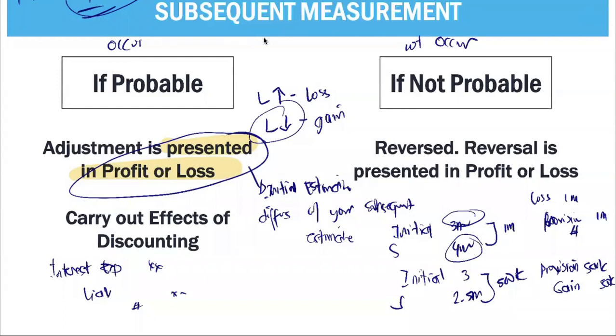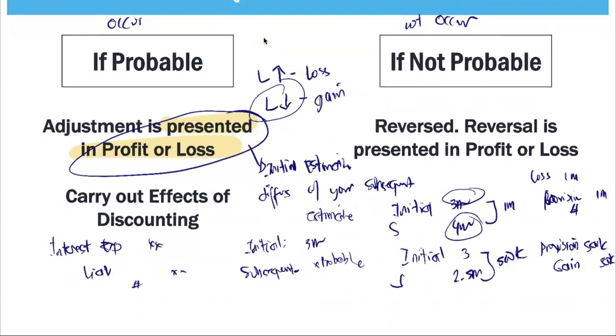So again, initially, let's say it is probable for 3 million pesos, and then subsequently, you learn that it is no longer probable. If that is no longer probable, you remove the amount of your provision. So initially it is 3 million, and then we credit the amount to profit or loss as a gain. Okay? So if not probable, the amount of provision is treated as a gain.